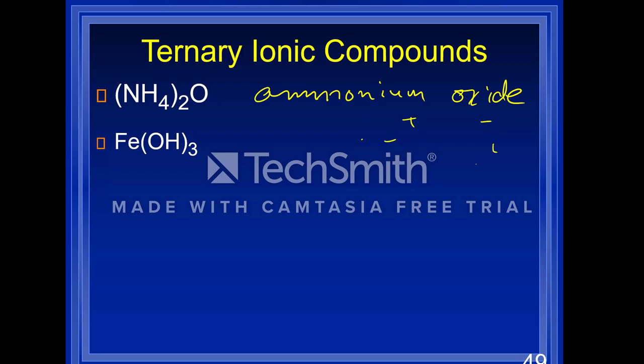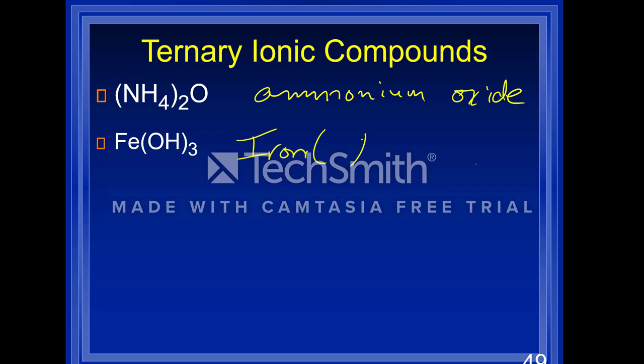Fe(OH)3. Fe is iron. Iron. Okay, iron. Right in the middle of the transition metals, so that tells me that iron needs Roman numerals.